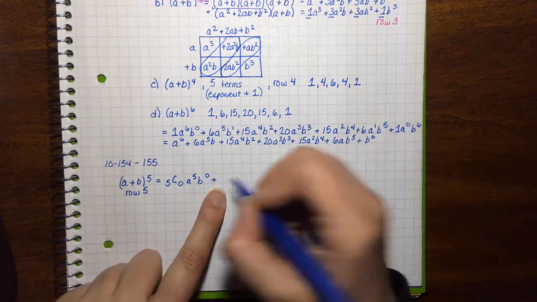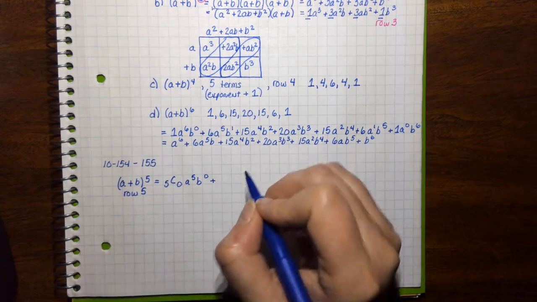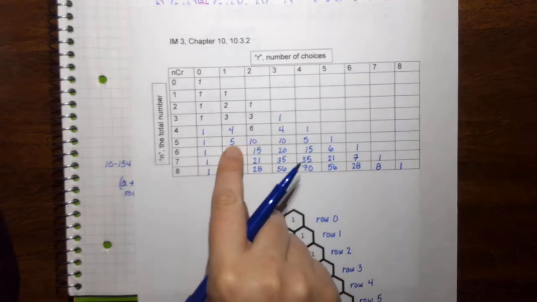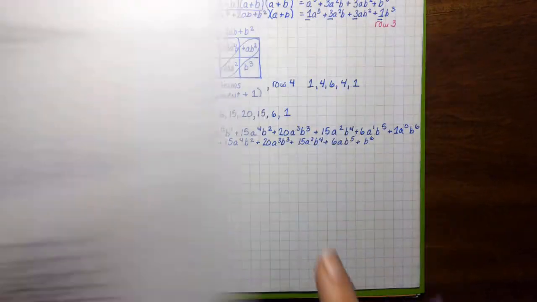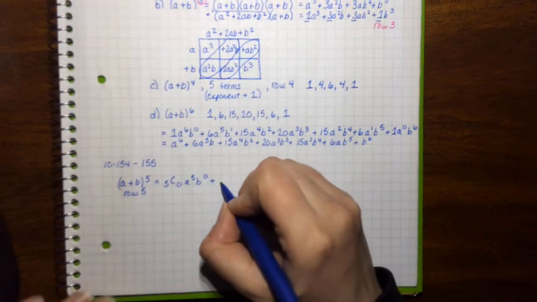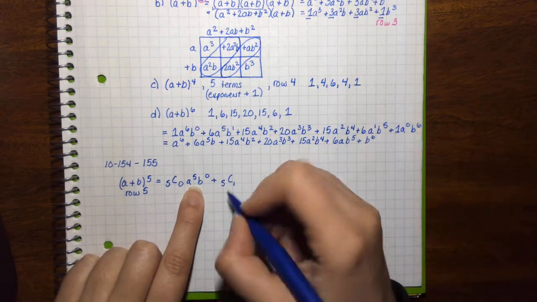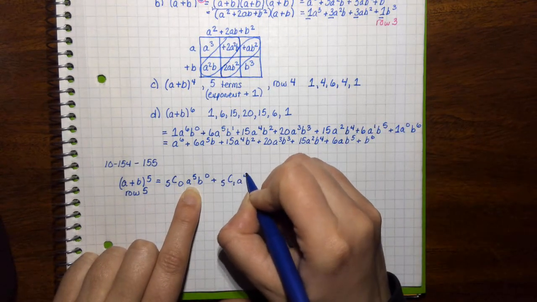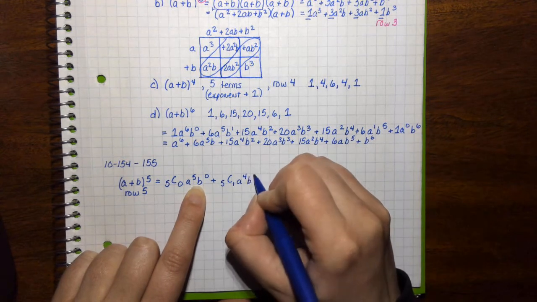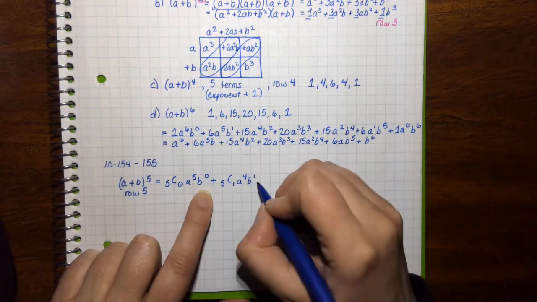Now we're going to take this one up. So notice the next one in the box here, this was 5C1. And then you guys will start to see the pattern. 5C1, okay. Then I'm going to take this same idea, take this down a power, and move that up a power.